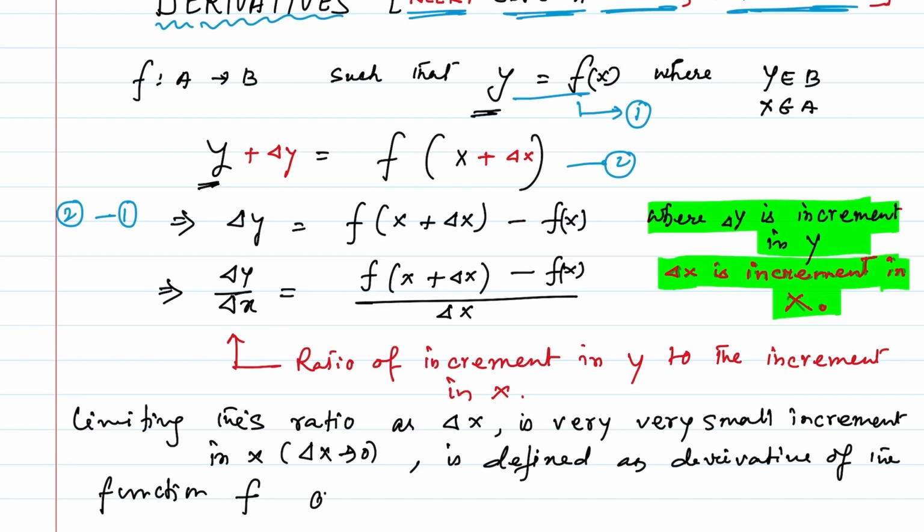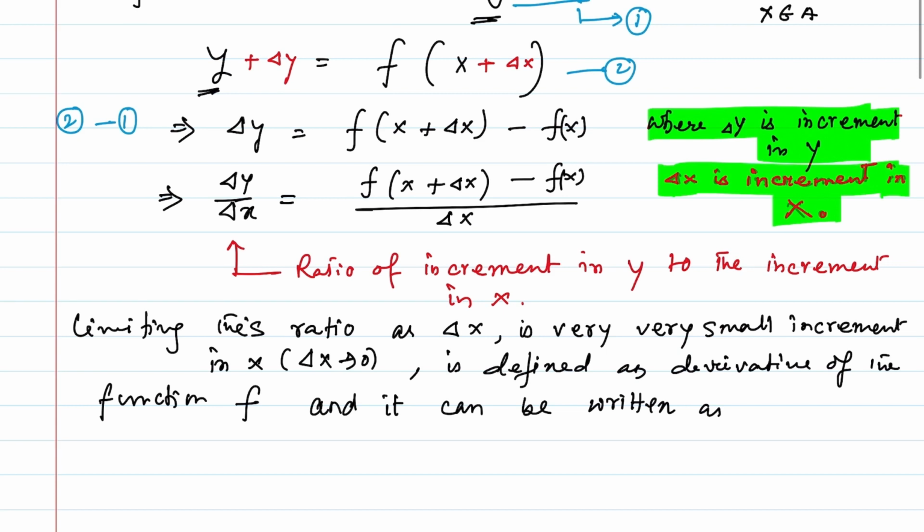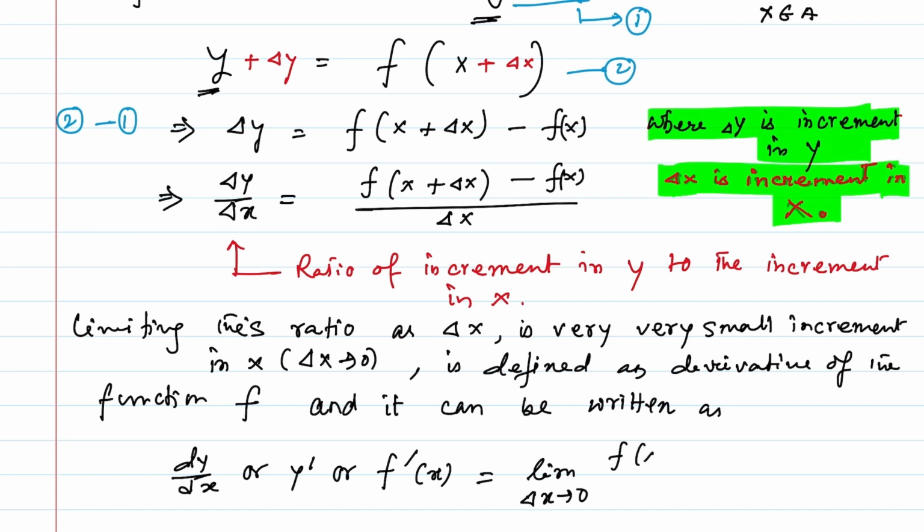It can be written as dy by dx, or y dash, or f dash of x, which is equal to the limit as del x tends to 0 of f of x plus del x minus f of x divided by del x.